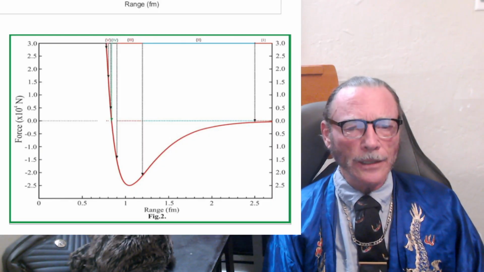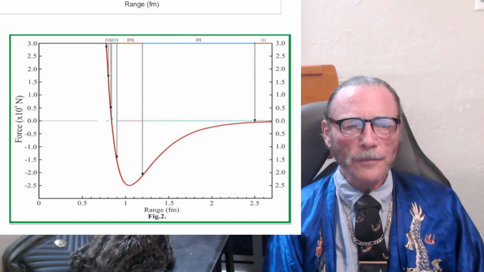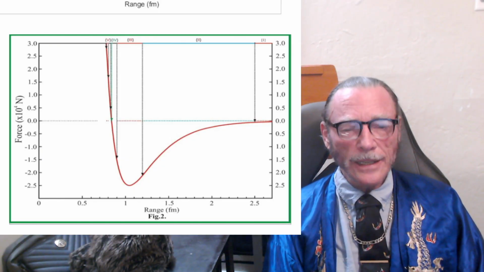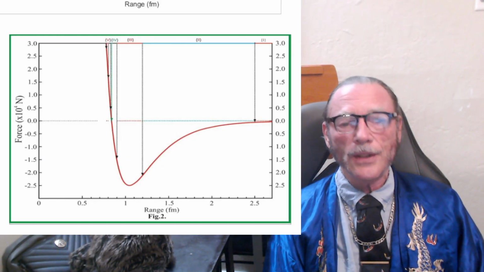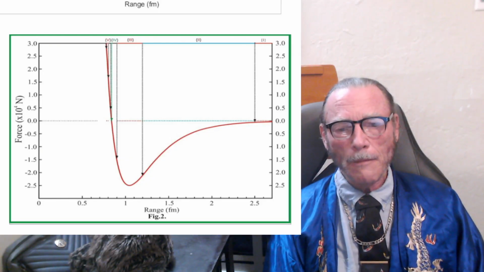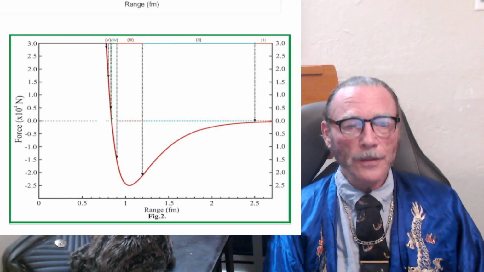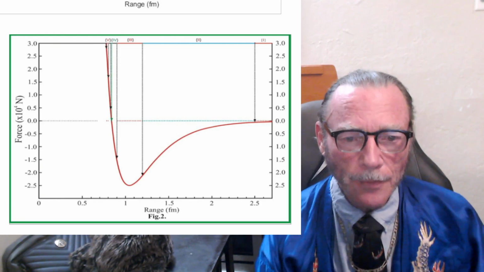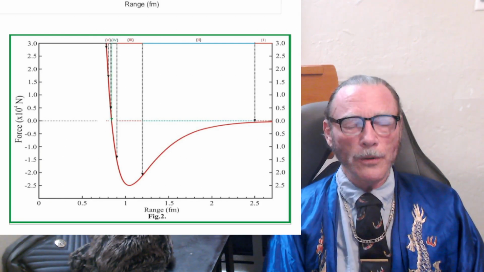That's exactly what Bošković sought to prove, that there must be a distance between 2 particles that cannot be broken. That has been discovered. So Bošković was right. And this is the force curve that proves he was right.